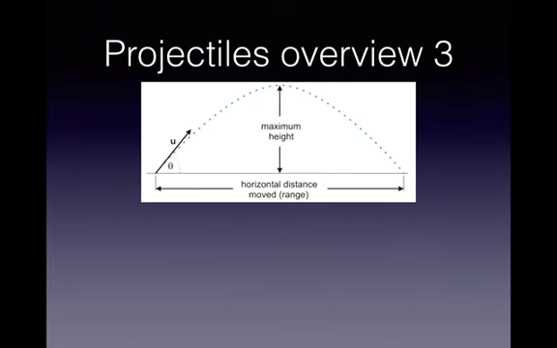So if we let the height equal to 0 and get a time, that will give us the time taken for the particle to complete its entire journey, or the time of flight. And then if we use that time, we can sub that into the s of x formula to get the range. So again, to get the range, we get the time of flight by letting s of y equal to 0, and then sub that time into the s of x formula.